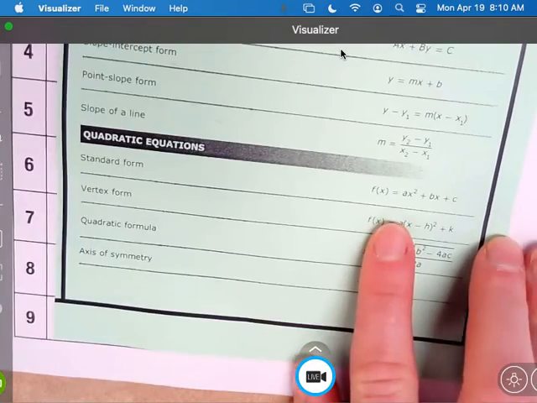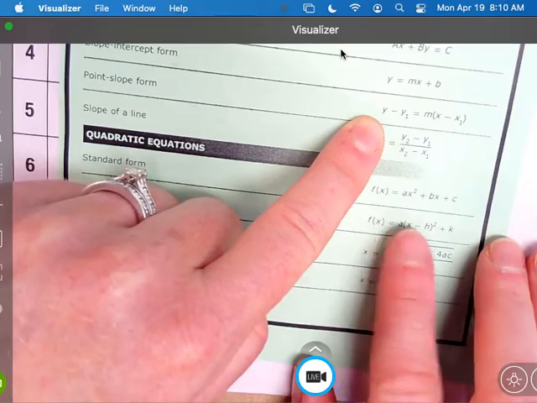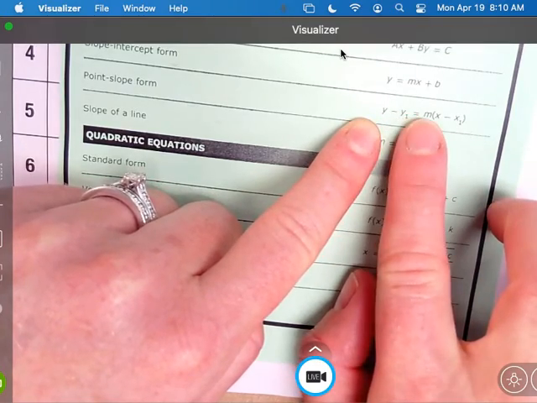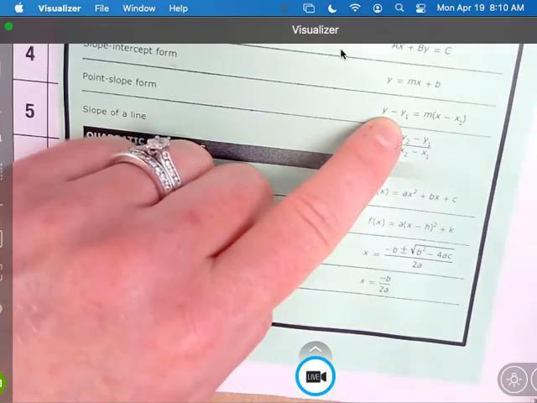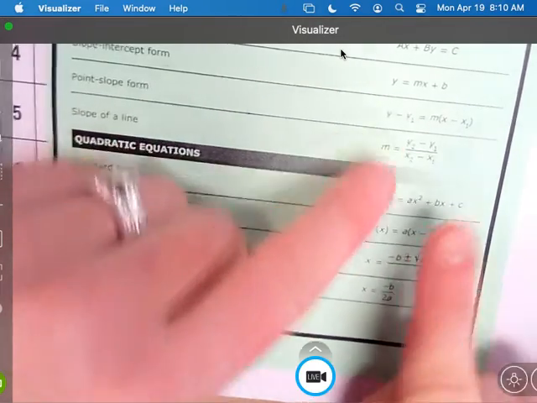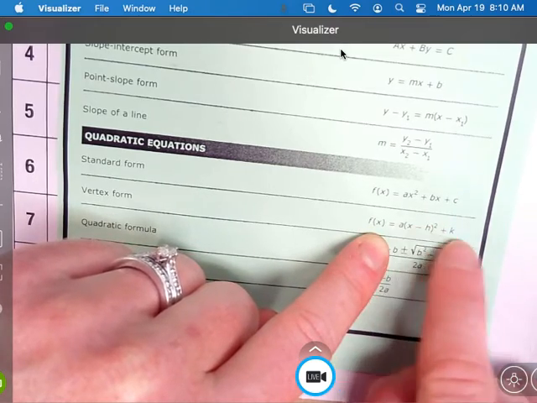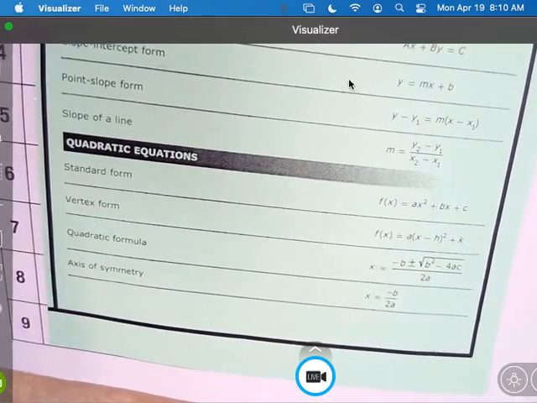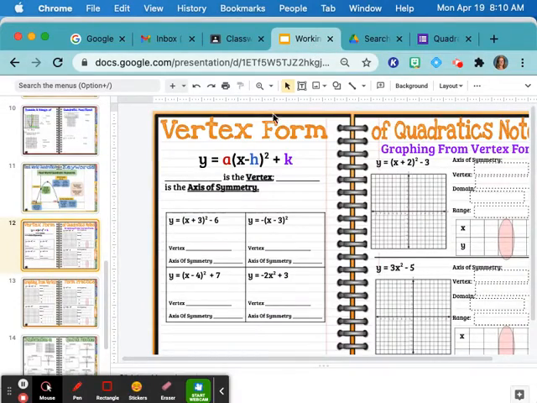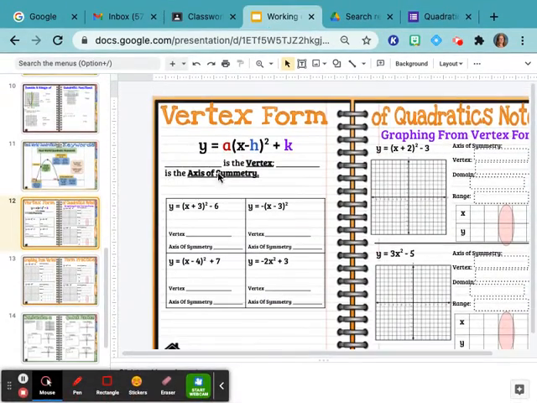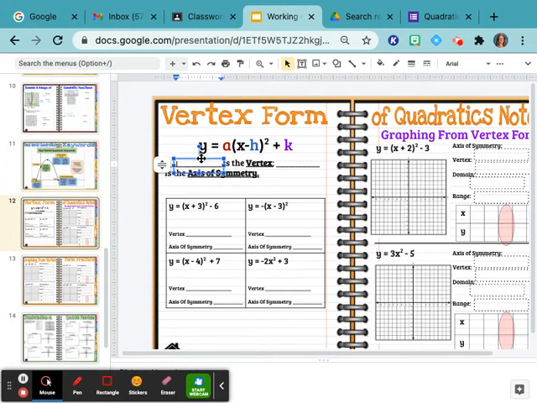This is similar to when we use the point slope form. See how the point slope form has y minus y1, m, x minus x1? There's a minus built into the formula. Same thing here. So we are going to look today at the h and the k values. Look back at your journal. Let's look at the vertex form: y equals a(x minus h) squared plus k.